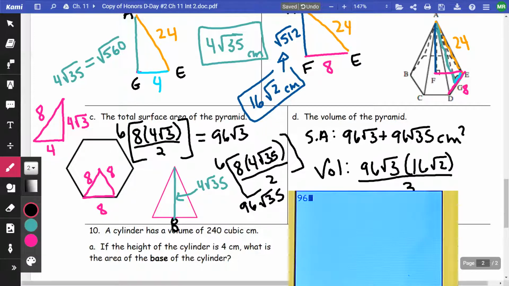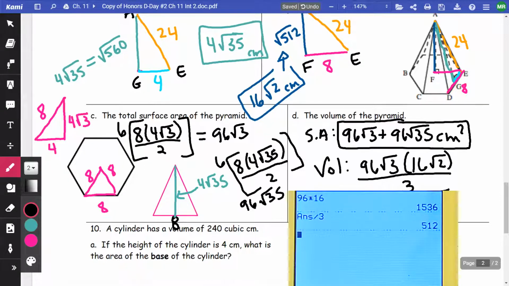So I'm going to take 96 times 16 divided by 3, and I get 512. And then root 3 times root 2 is a root 6 centimeters cubed. And that's your volume. This one up here was our surface area.